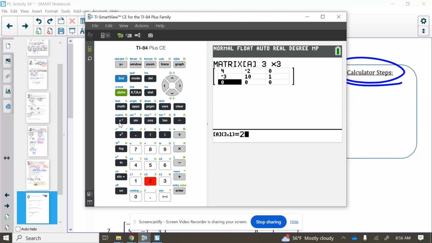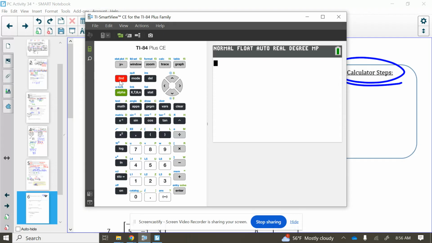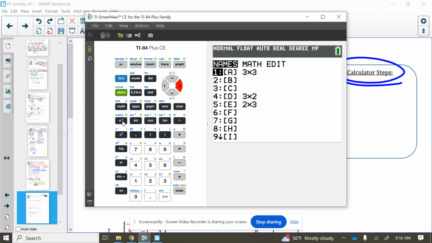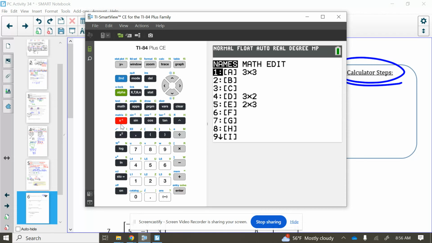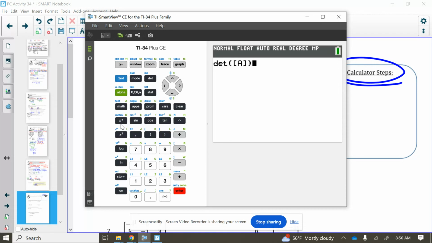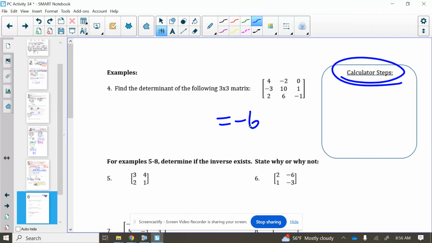And then my third, 2, 6, negative 1. Then I'm going to quit out after I edit it, go back to my matrix menu, and scroll over. We notice option 1 is determinant. Then we go back in and select the matrix we're trying to find the determinant of. And this time we get negative 62 as that determinant.